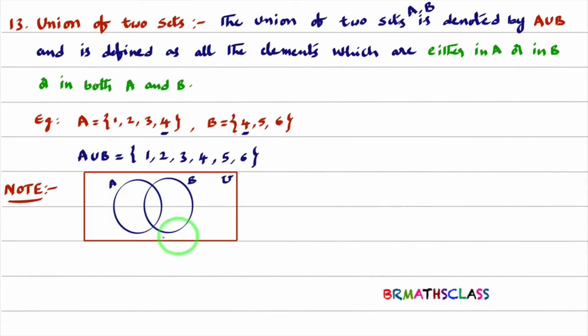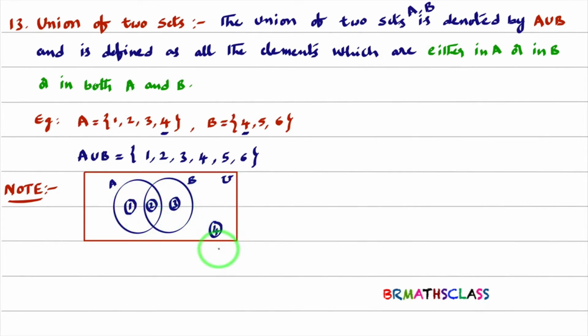If you observe in this diagram, total 4 parts are there. This is first part, this is second part, and this is third part, and other than these circles, outside is the fourth part. Please try to understand. First part, second part, third part, fourth part. What is the fourth part? Other than these circles, what is there in this rectangle box other than this area? That is the fourth part.